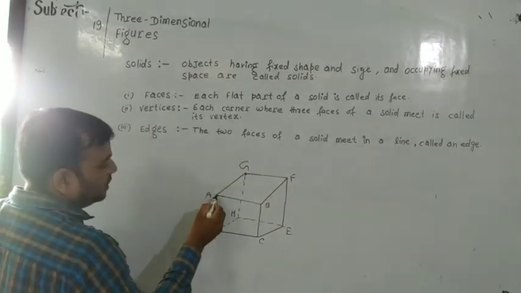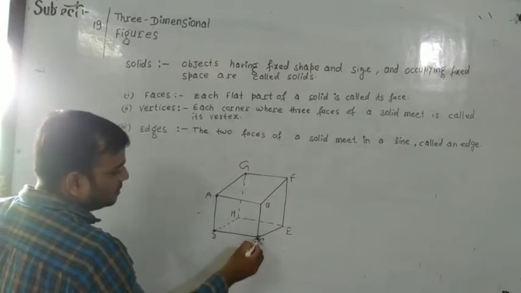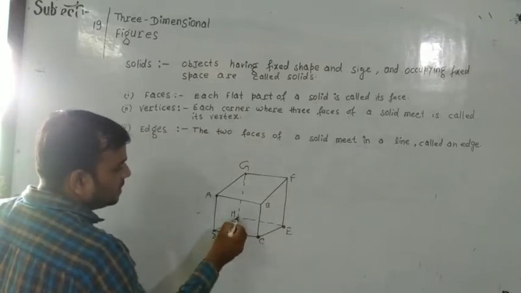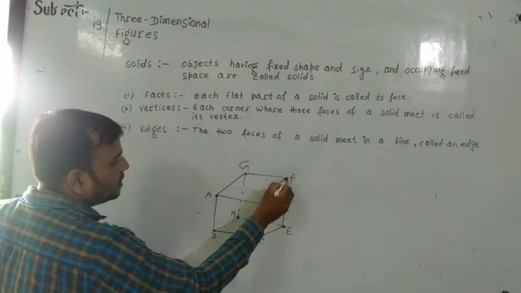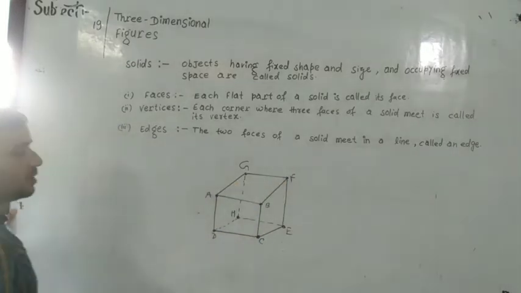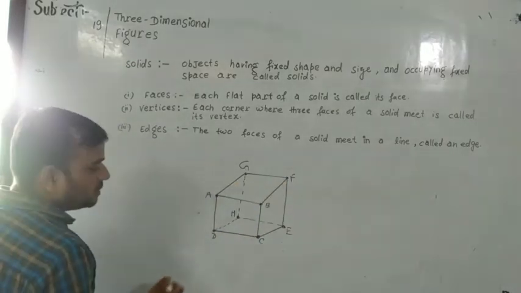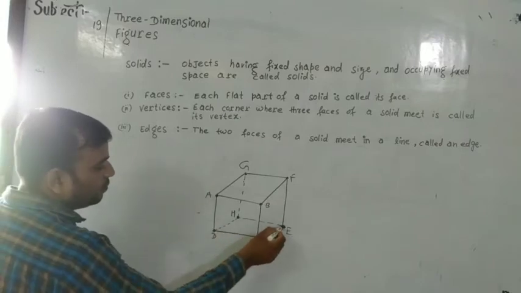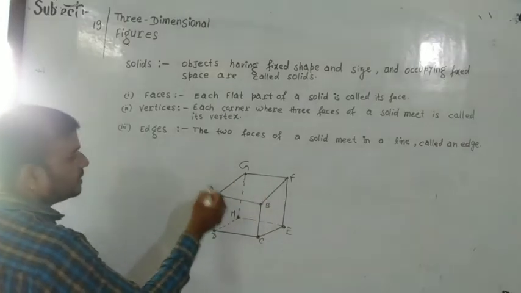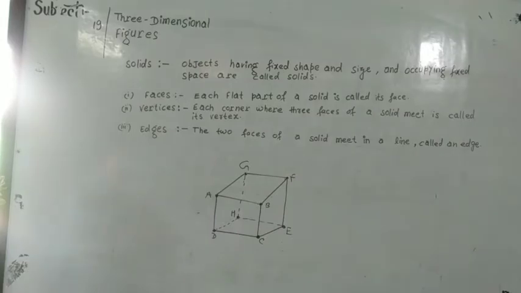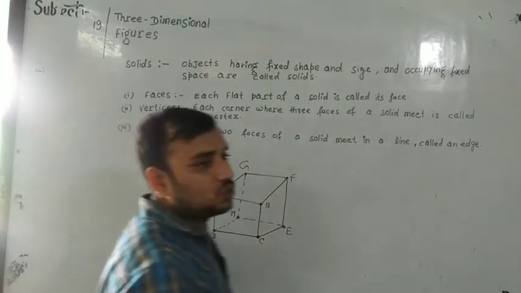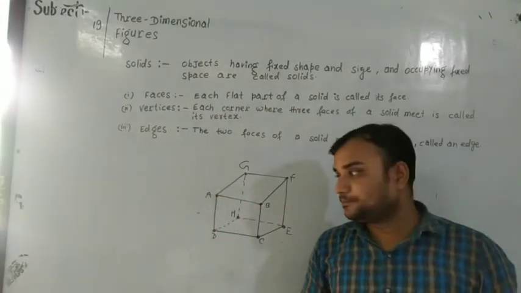So A, B, C, D, E, H, F, G are vertices. Then count how many vertices: 1, 2, 3, 4, 5, 6, 7, 8. There are 8 vertices in a cube or cuboid.